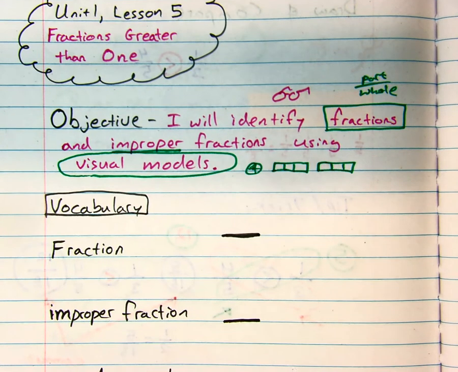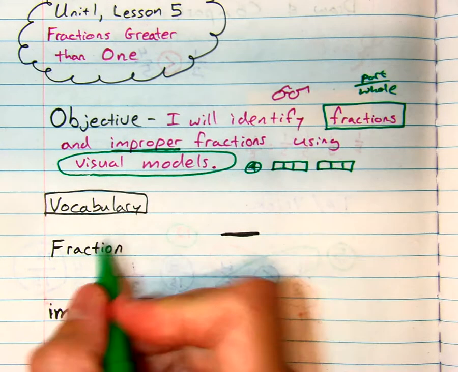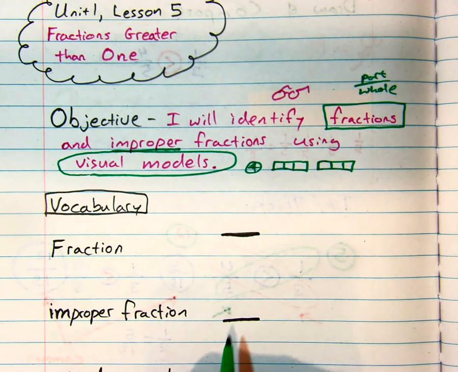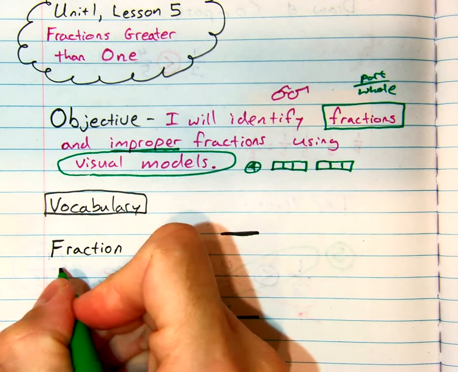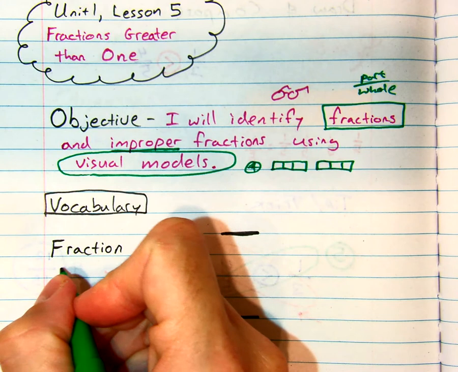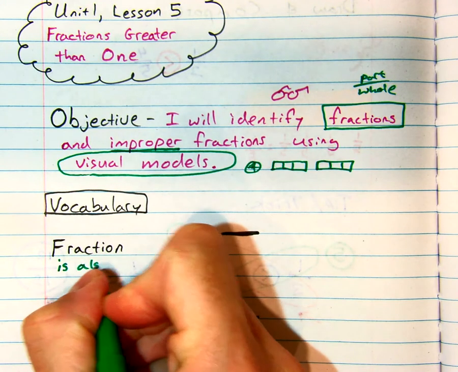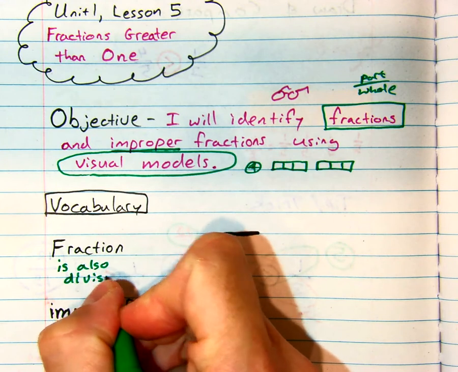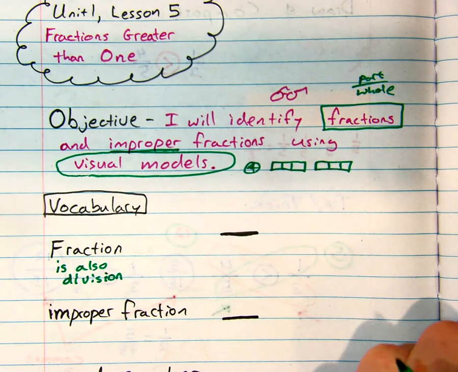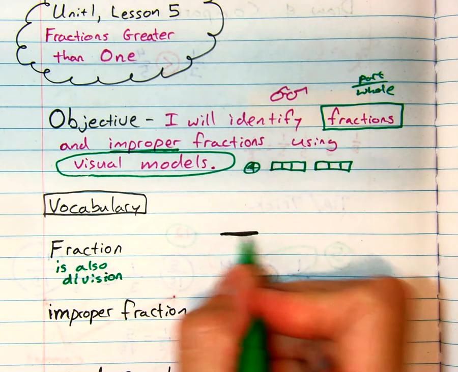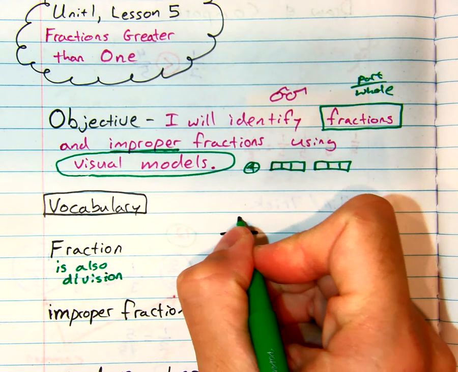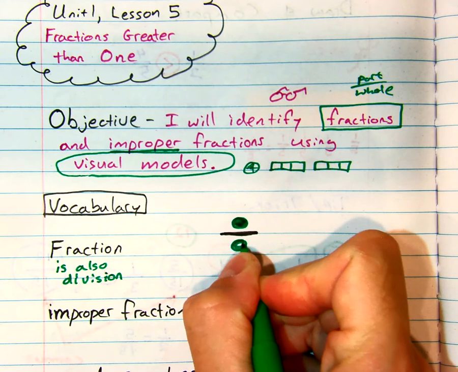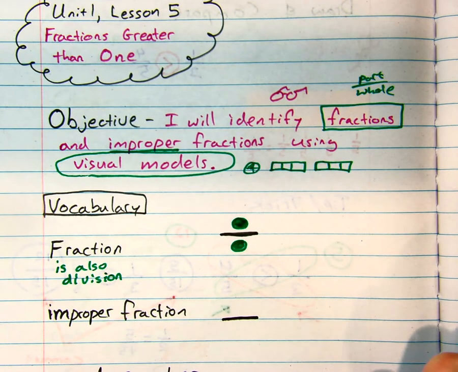All right, our vocabulary. We've talked about fractions, but I really want to jump into this idea that the fraction is also a division operation. It's also division. Now, we can demonstrate this because we know we have a fraction bar, but if we put a dot over the fraction bar and a dot under the fraction bar, what operation do we see?